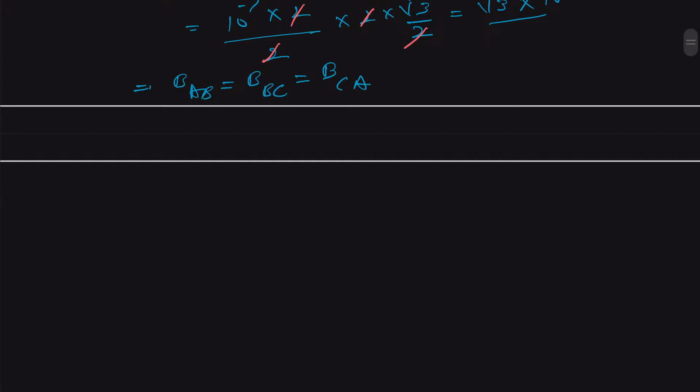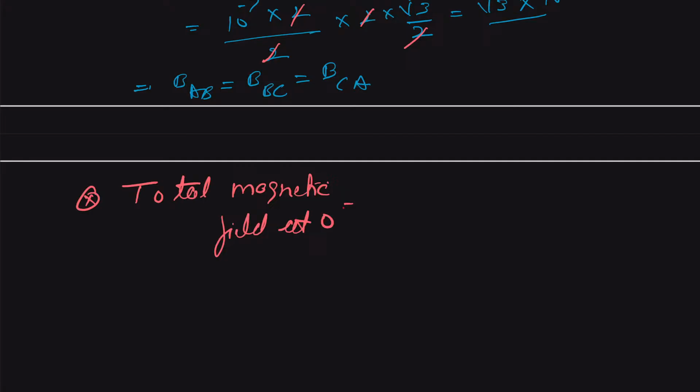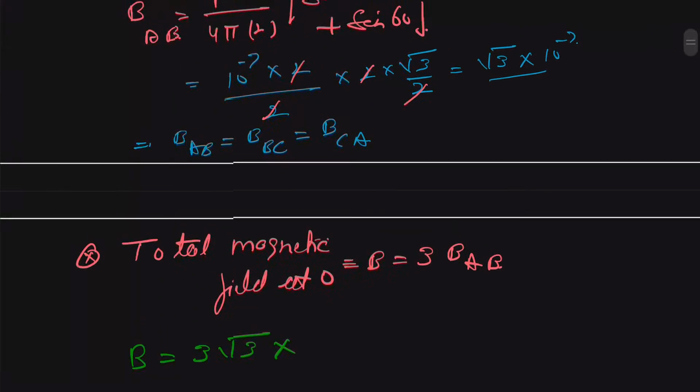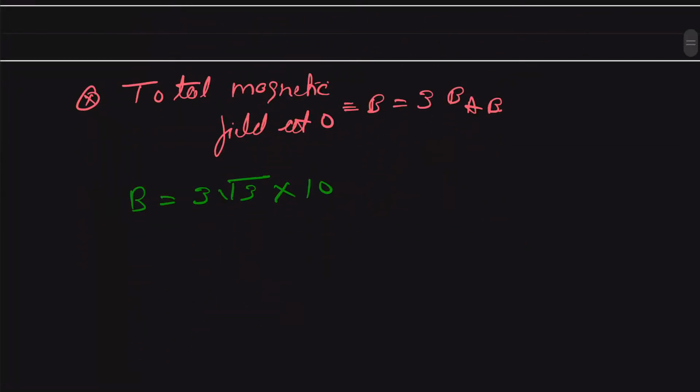Therefore, the total magnetic field at O, let us call this B, will be equal to 3 times the magnetic field because of AB, and so we get B is equal to 3 root 3 into 10 raised to the power minus 7. So this is our value of magnetic field at the center.